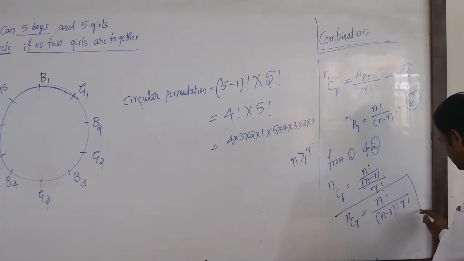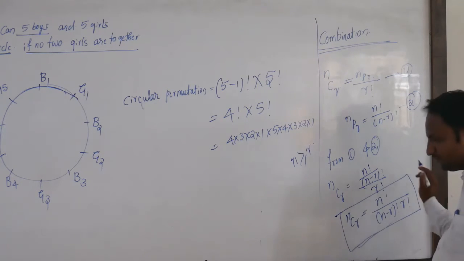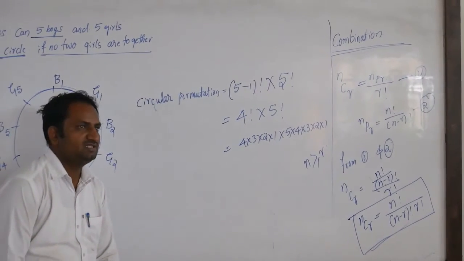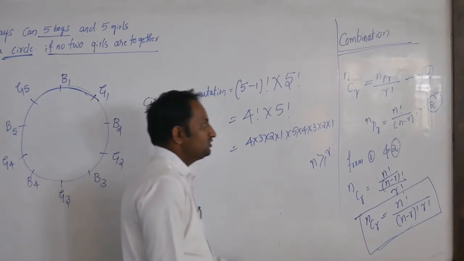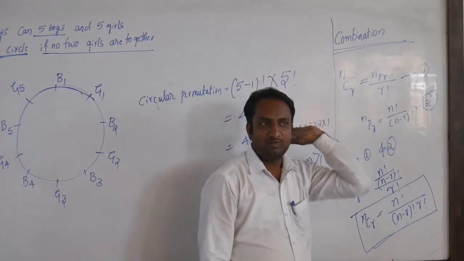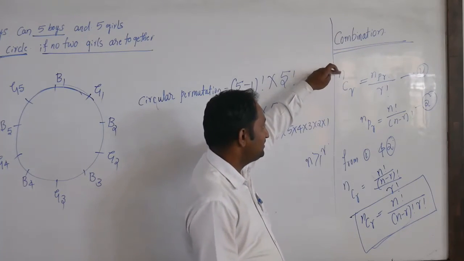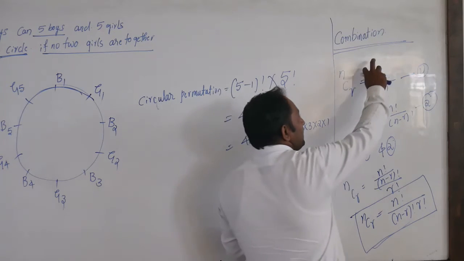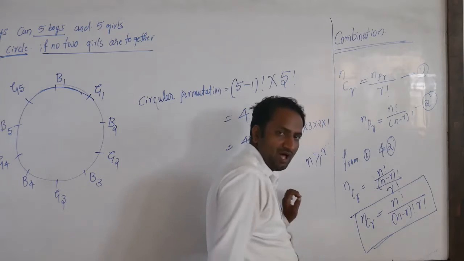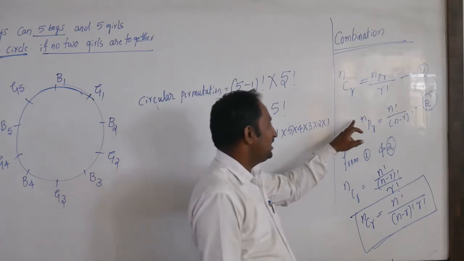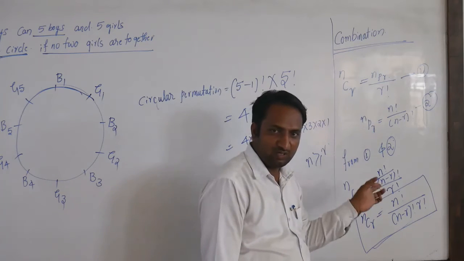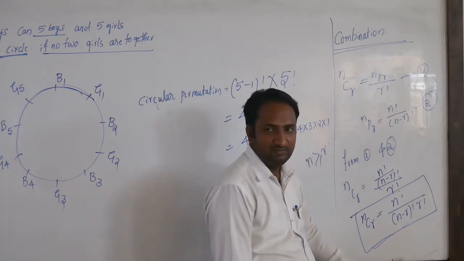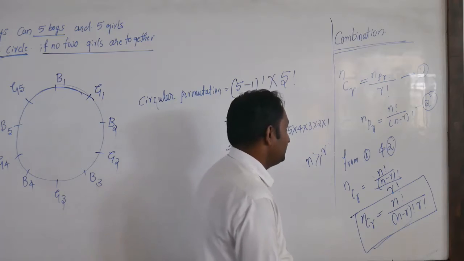Here this is the formula belonging to permutation. Combination means a selection of things and is represented by nCr. nCr is equal to nPr divided by r factorial. We know that nPr is equal to n factorial divided by (n minus r) factorial.